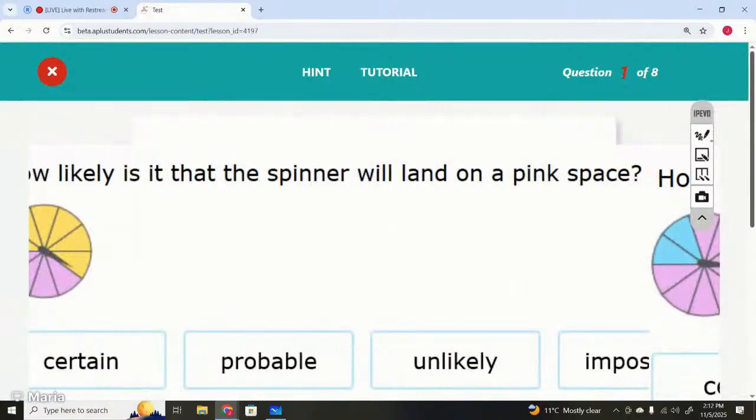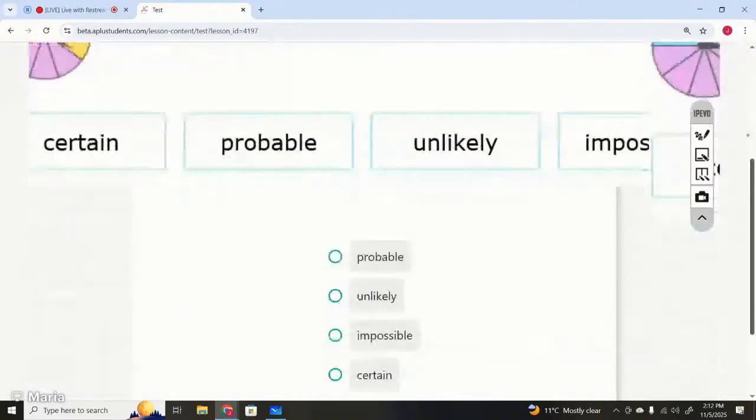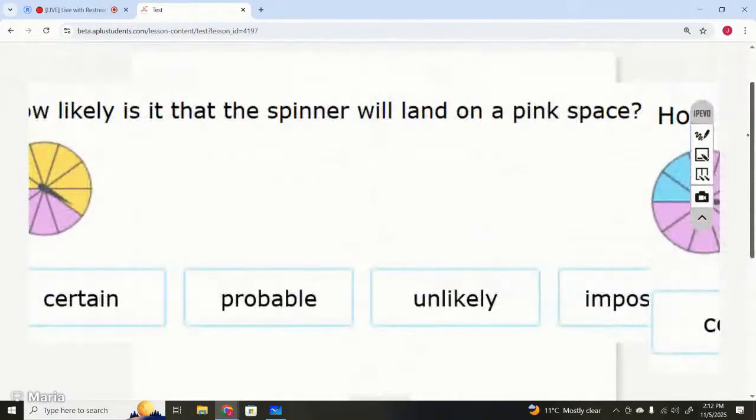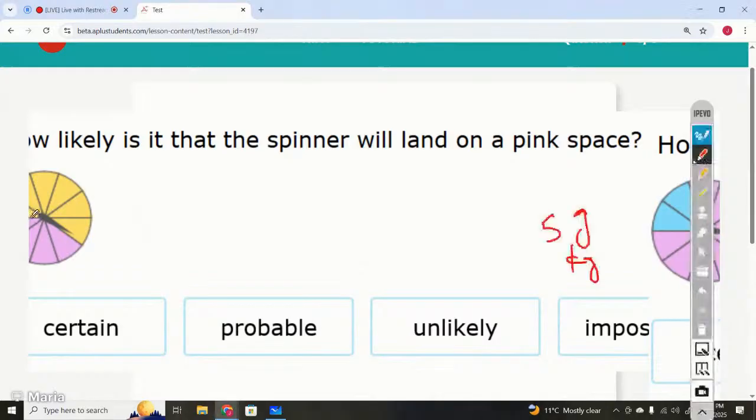How likely is it that the spinner will land on this? Okay, this spinner, right? Count the total portions on the spinner. The spinner has, let me count, 1, 2, 3, 4, 5, 6, 7, 8, 9, 10.